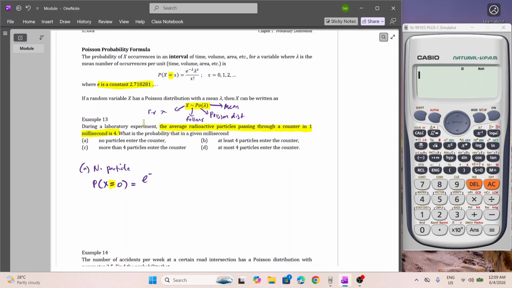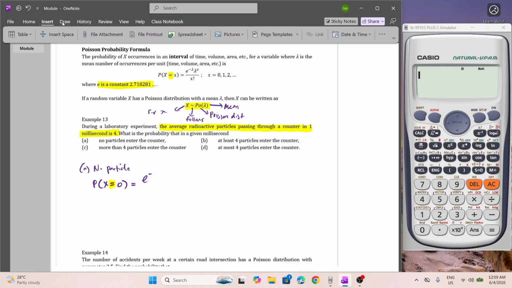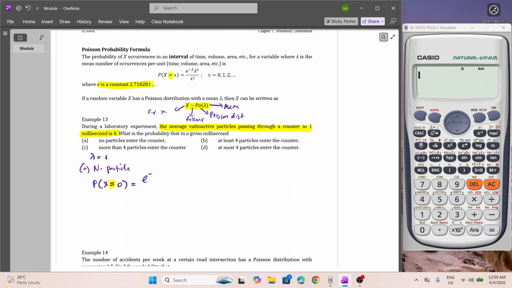So in this problem, the question also wants us to find in a given millisecond. So for this problem, the lambda is equal to 4. So for our reference, you can write lambda is equal to 4.